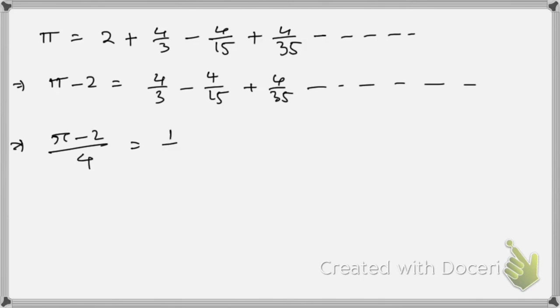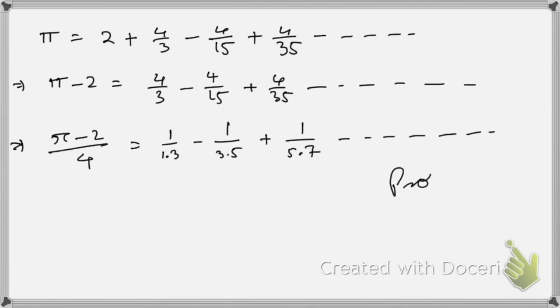So let me write this: 1 into 3 minus 1 by 3 into 5, then plus 1 by 5 into 7 and so on. That's how we will get, because we have divided both sides by 4.